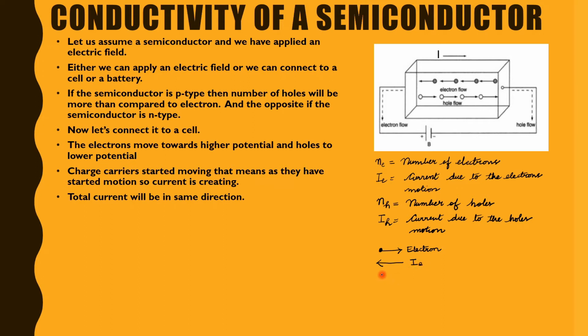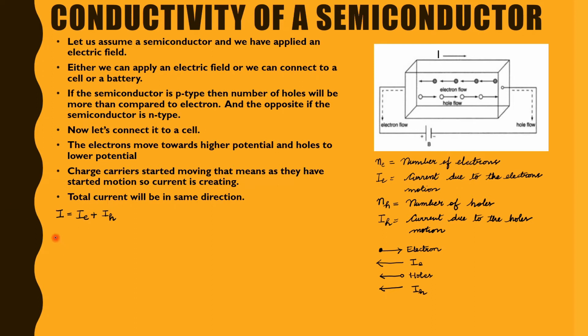And if our holes, the unshaded ones, are moving this side, then the current for holes will be moving on the same side in which the holes are moving. That means the currents for electrons and holes will be in the same direction. So we get a formula: I is equal to IE plus IH.